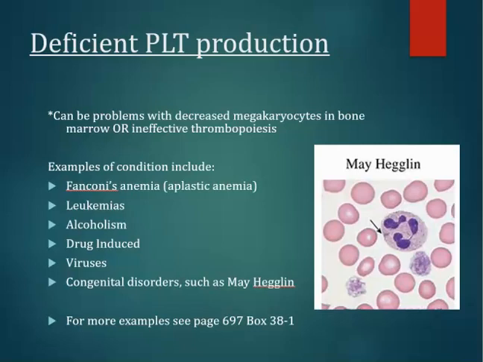Some examples of conditions that can lead to deficient platelet production are Fanconi's anemia, aplastic anemia, some of your leukemias, and alcoholism. It can also be drug-induced. Also, some viruses can lead to decreased platelet production, and congenital disorders such as May-Hegglin anomaly that we studied when talking about white blood cell diseases.